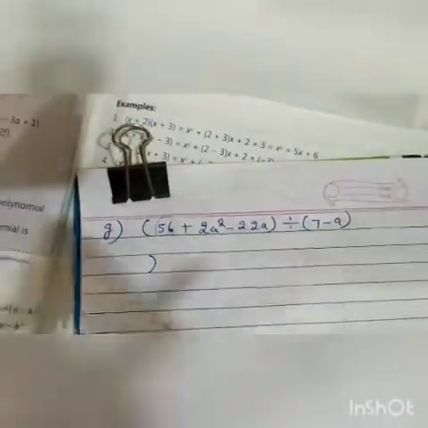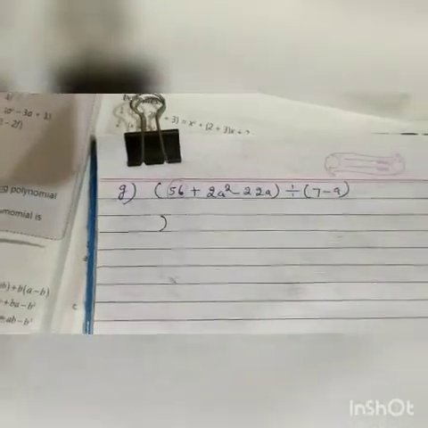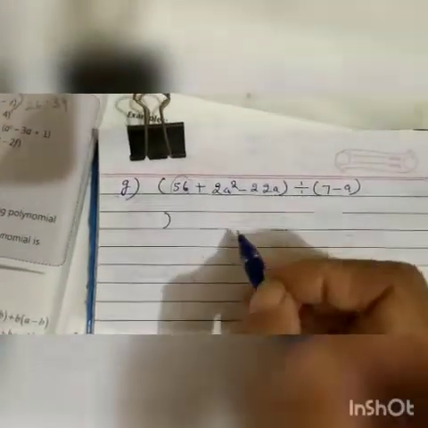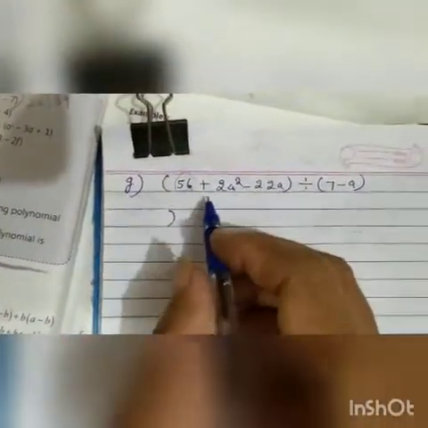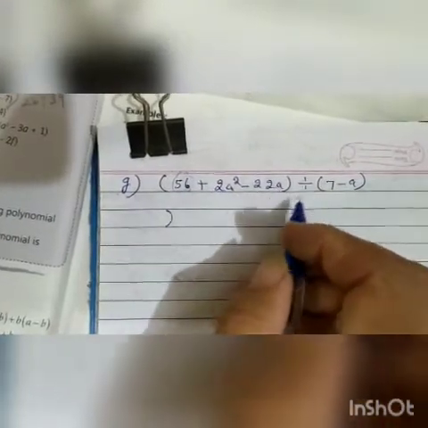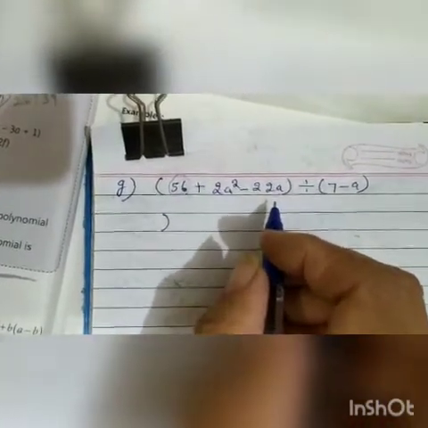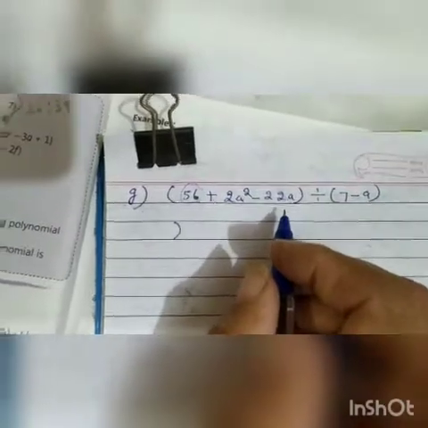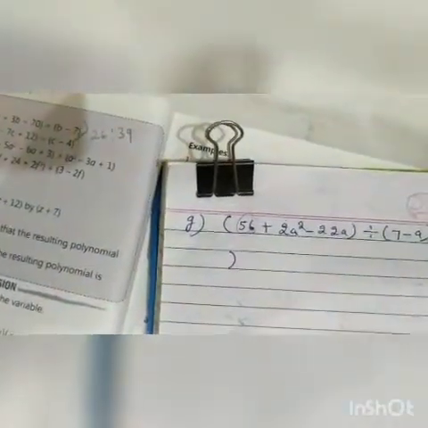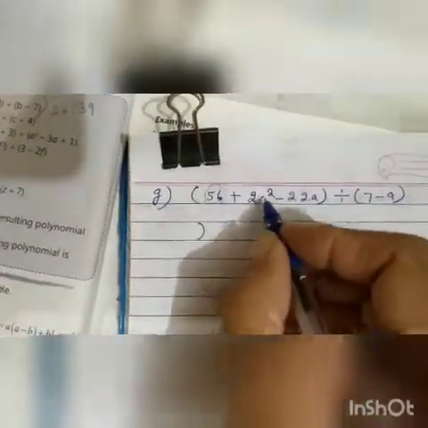Just now I told you that we write all the terms of the dividend and divisor in descending power of the literals. So first we will write 2a square.